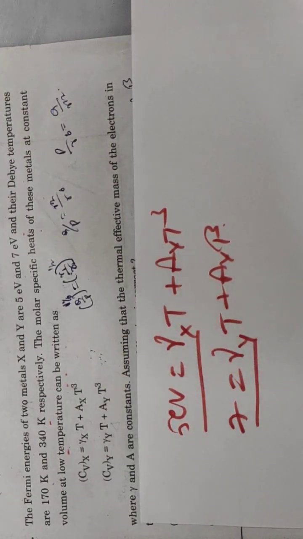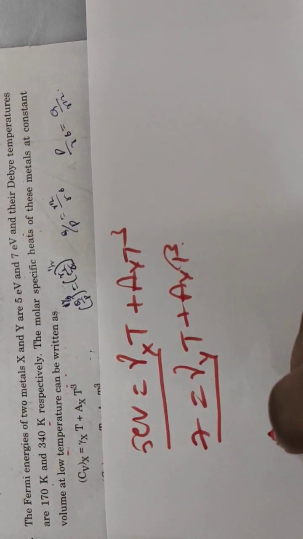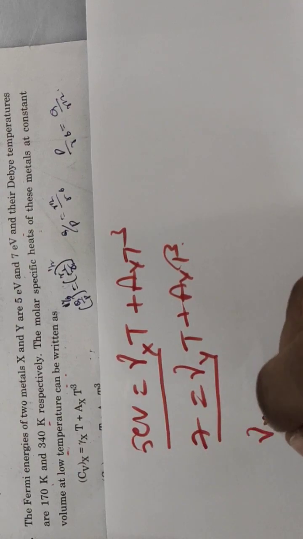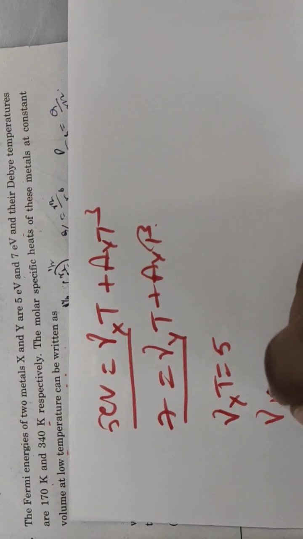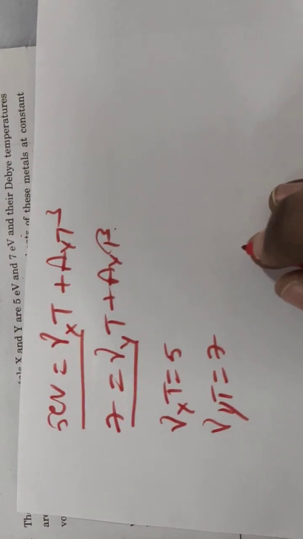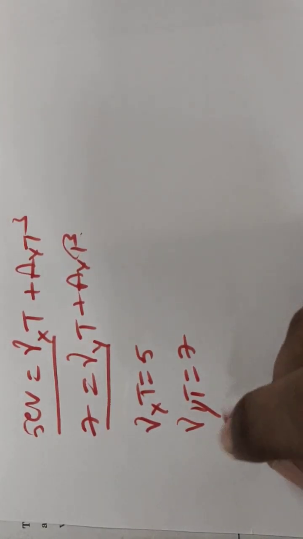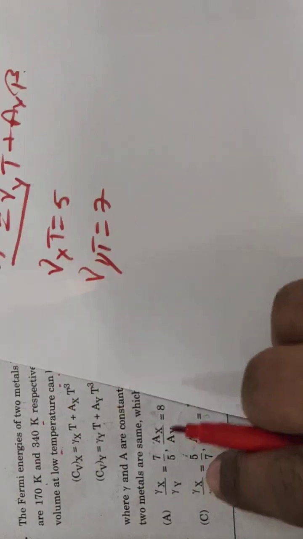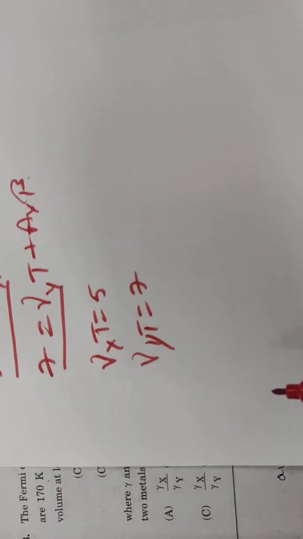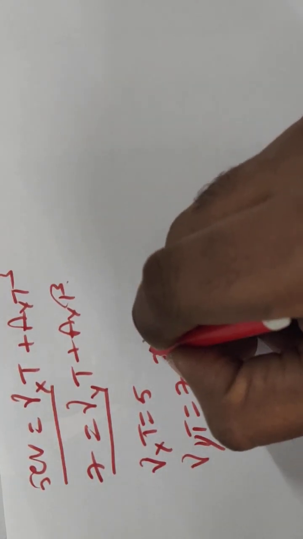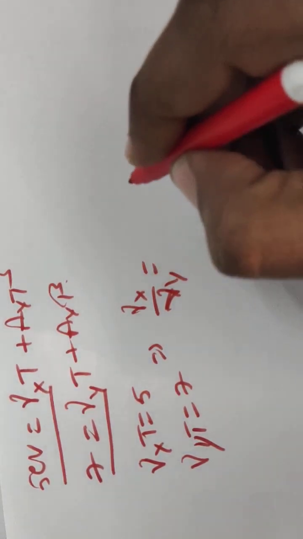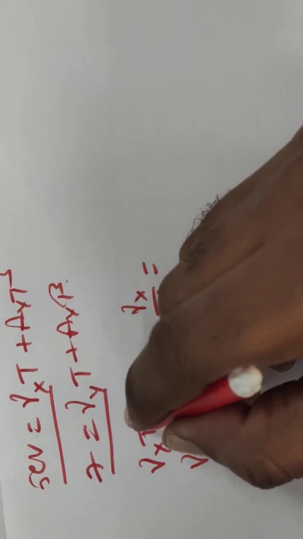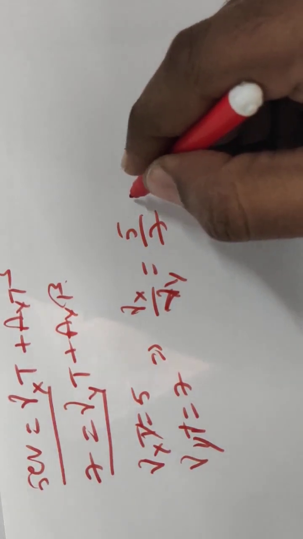Separately equate these two equations and we'll get gamma x t is equal to 5 and gamma y t is equal to 7. So gamma x divided by gamma y, then t and t cancel, it is 5 by 7.